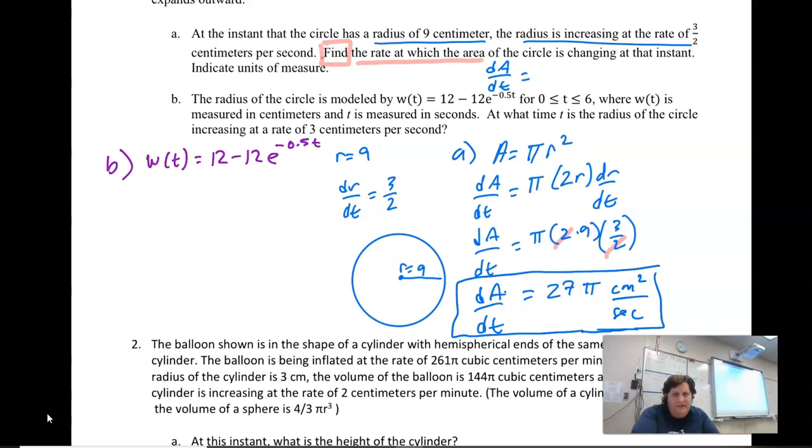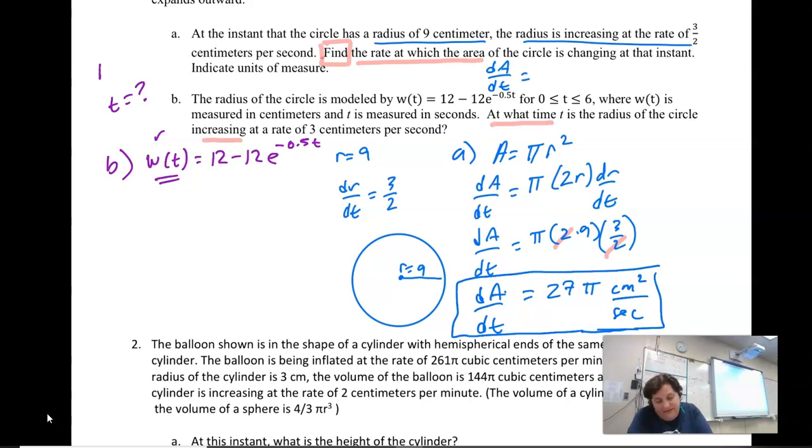And W of t is the radius. So basically, they're using this instead of r. It's the same thing, though. At what time is the radius of the circle increasing at a rate of 3 centimeters per second? So what is it asking me for? At what time? So it would like me to find t, and it's telling me the radius is increasing at a rate of 3 centimeters per second.